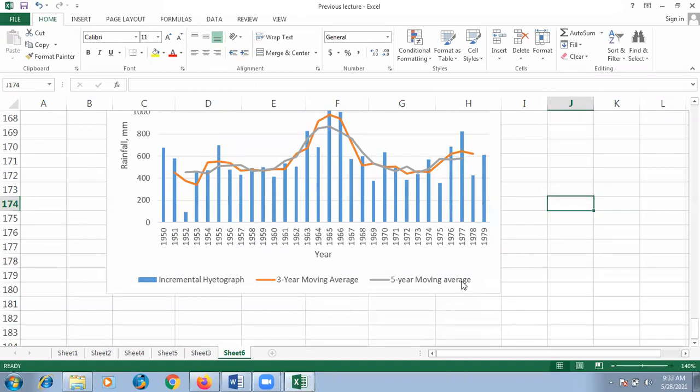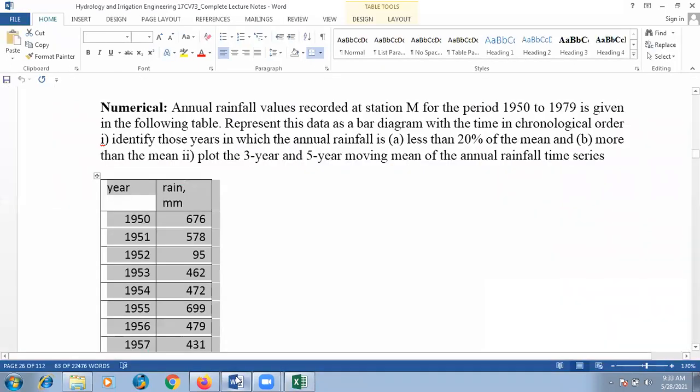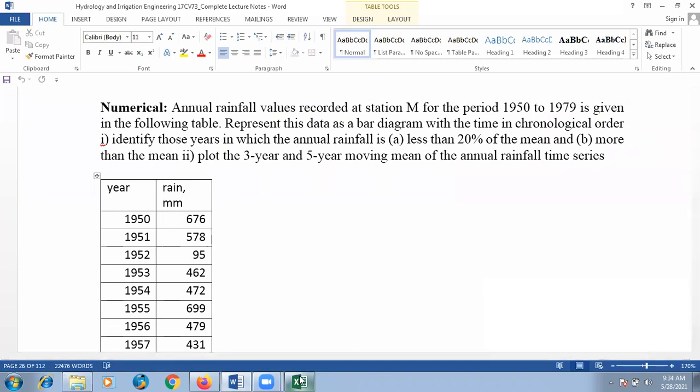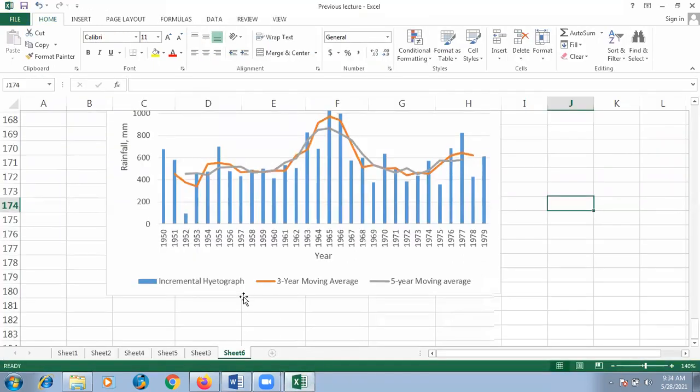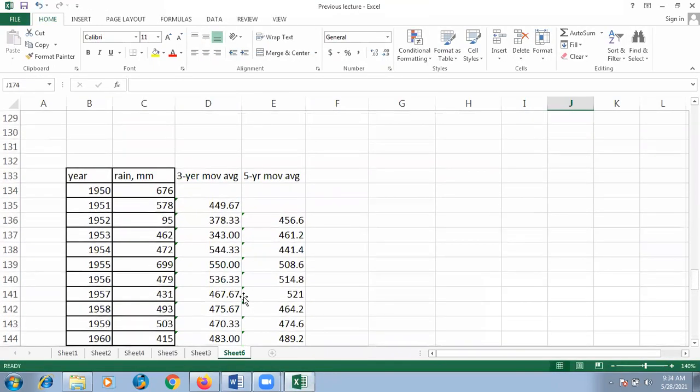So it is shown. Then the problem statement also talks about, if you look into, identifying those years from the graph which we have plotted, which have a value of rainfall less than 20% of the mean and more than the mean. That is, mean is nothing but average. Then in which case, first of all, we have to calculate the average value of the rainfall here.